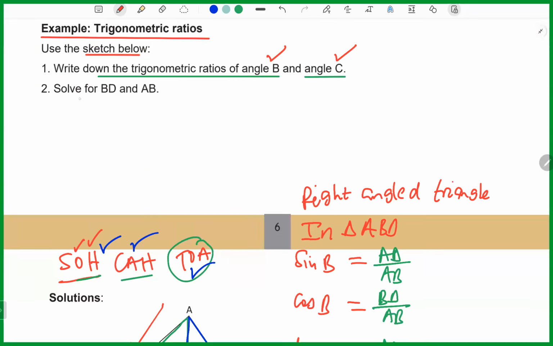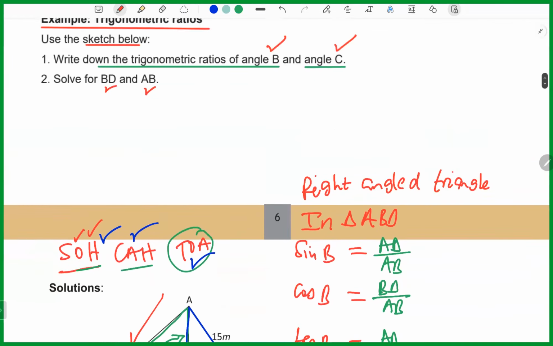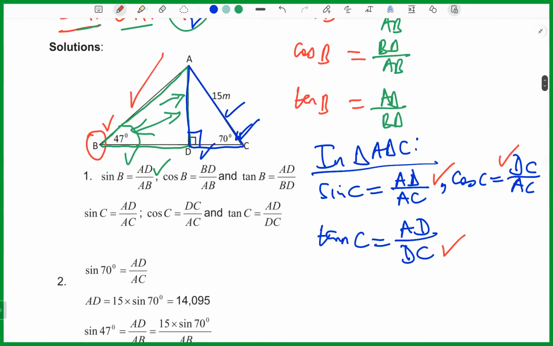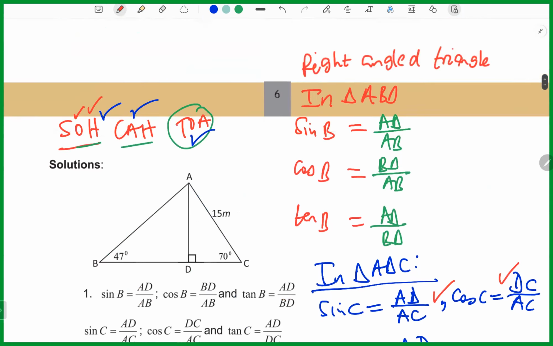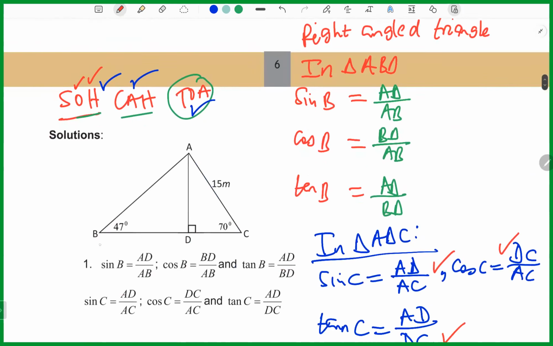And you need to solve for BD and AB. So if I clean this up a little bit to make it tidy, here is B and here is D, we need to solve for this side here.